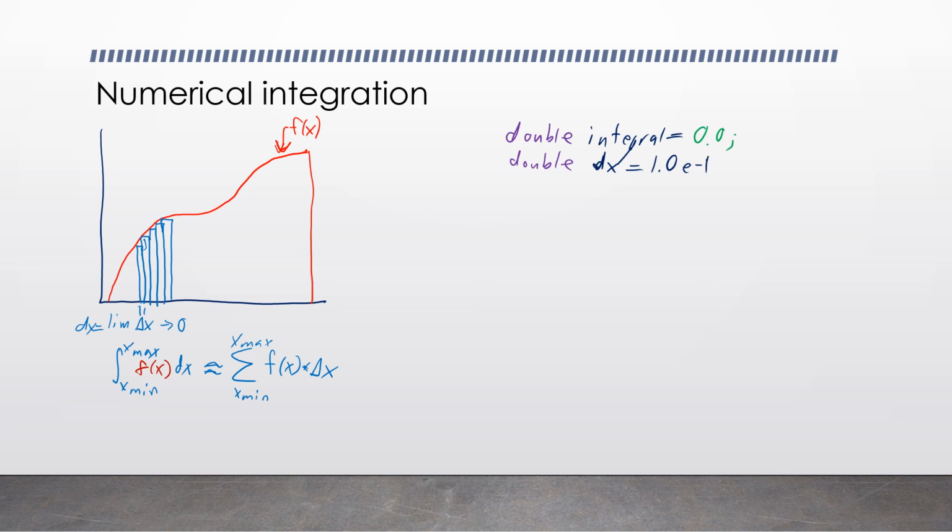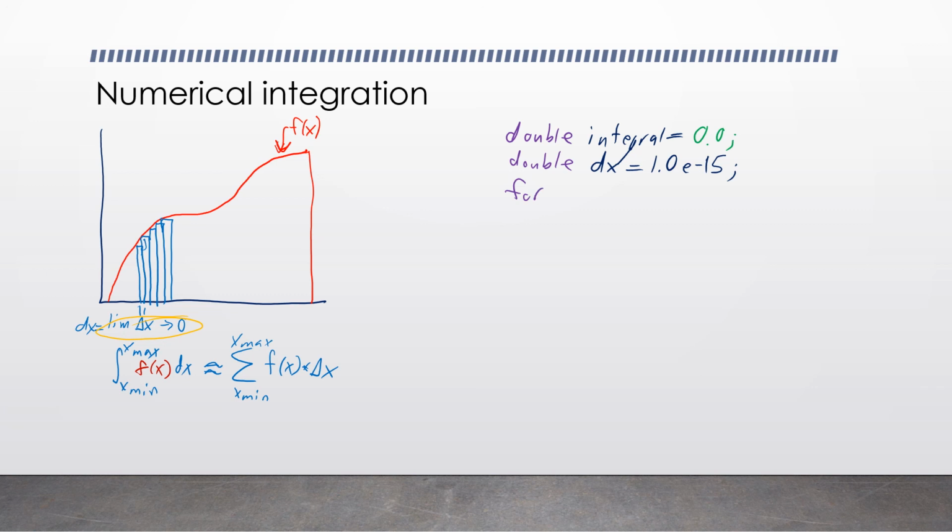We can go e-15 if we want to. That'll use a lot of steps to do the integration. Terribly inefficient, but it would get us something that would truly approach the limit of delta x approaching 0. There are other tricks we can use to get a better integral without having to go that small, but for now let's do that.